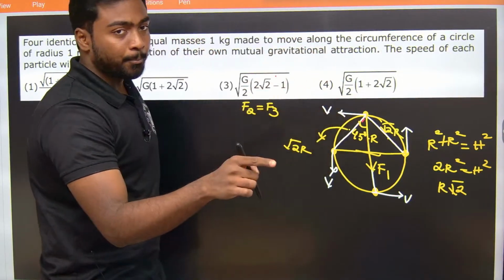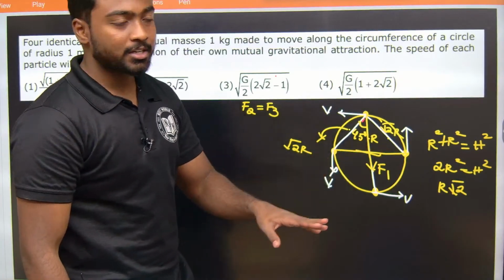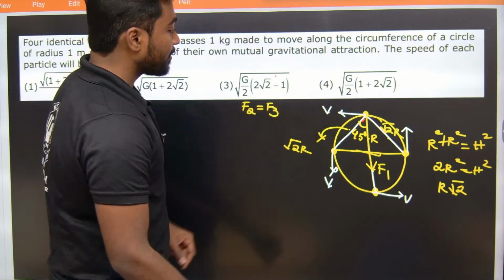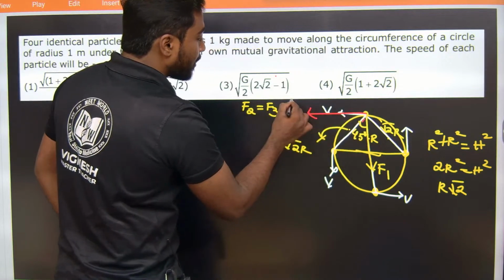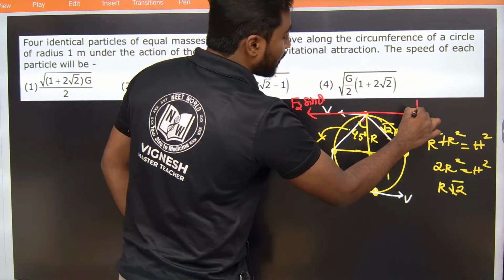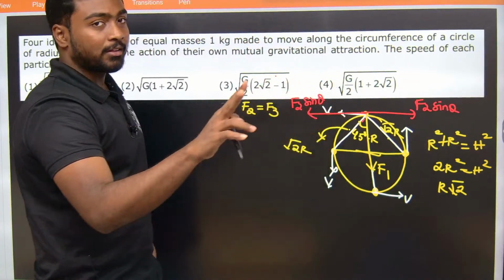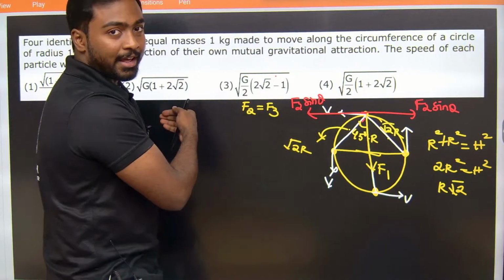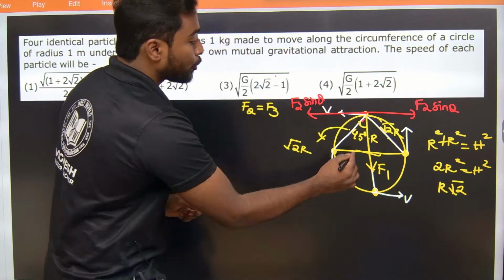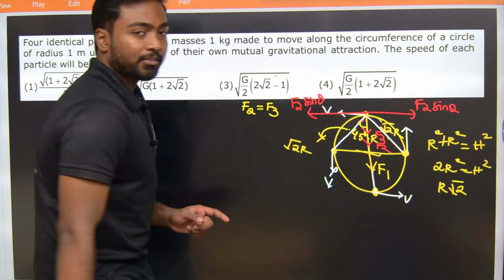When I take the components, the angle closer to the axis is cos theta, away from the axis is sin theta. So this is my F2 sin theta and this is my F2 sin theta. Two F2 sin thetas are coming, one in the left direction and one in the right direction, and two F2 cos thetas will come.